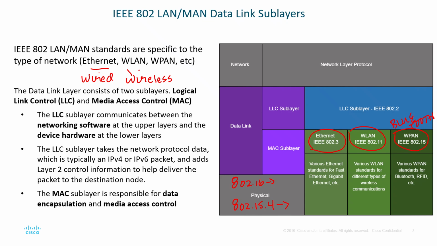One is WiMAX and one is Zigbee. I'll have to look at that. I think this one is WiMAX. And this last one is Zigbee. So know the different standards, okay, for your wireless communications.